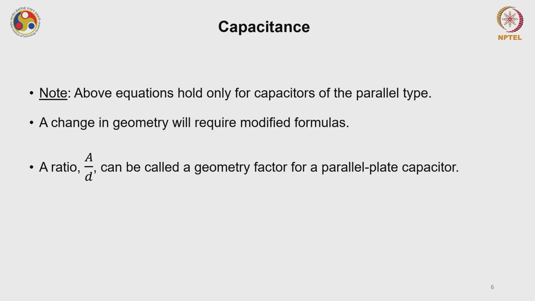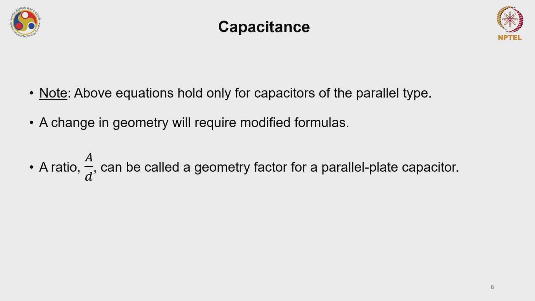Please note that the equation that we have discussed till now holds only for capacitance of the parallel plate type. A change in geometry will require modification in the formulas. Say if you are coming up with concentric cylinders, or concentric elliptical shapes, or rectangular shapes, things will change. In the equation epsilon A by D, the ratio A by D can be called the geometric factor, particularly for this parallel plate capacitor.